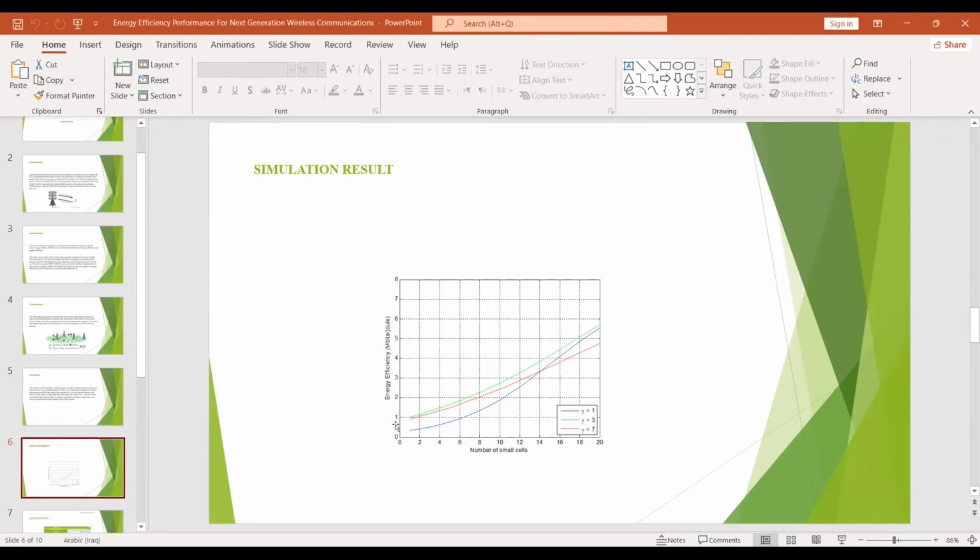So here the SNR will reach up to 6 megabits per joule, and when the small cells are up to 20, the signal to noise ratio number one, which has a blue color, will reach 5 or less, or 5.5.